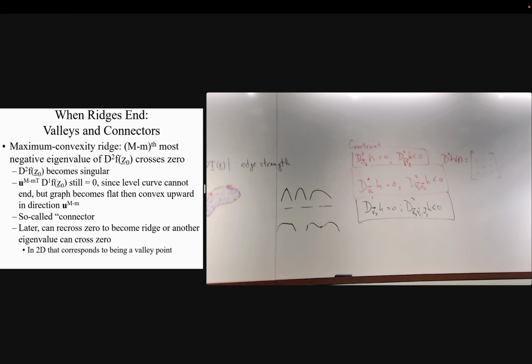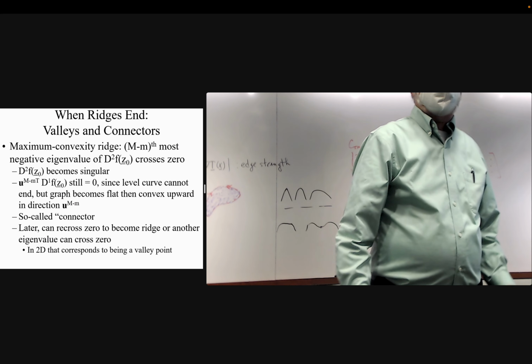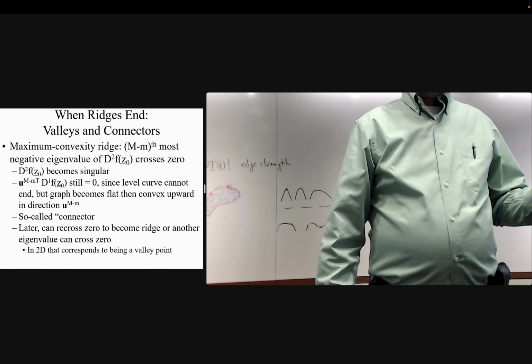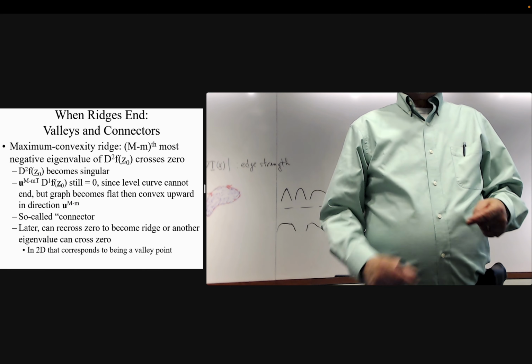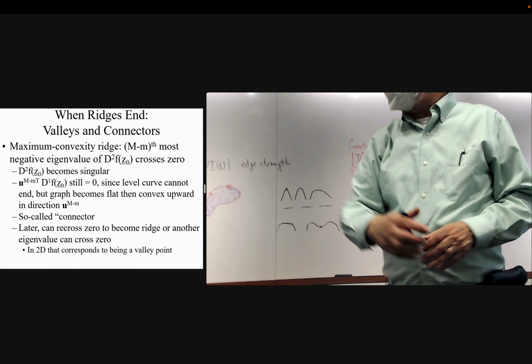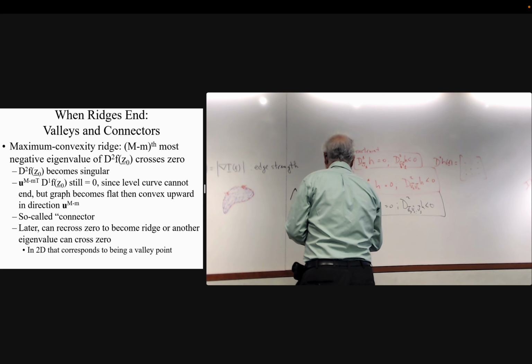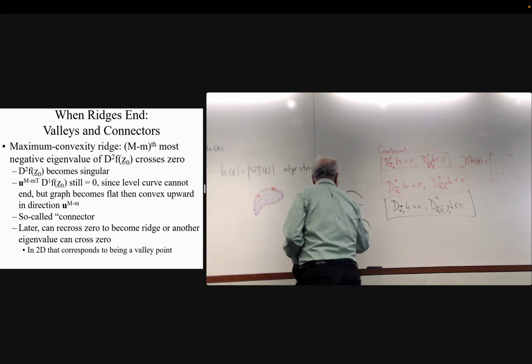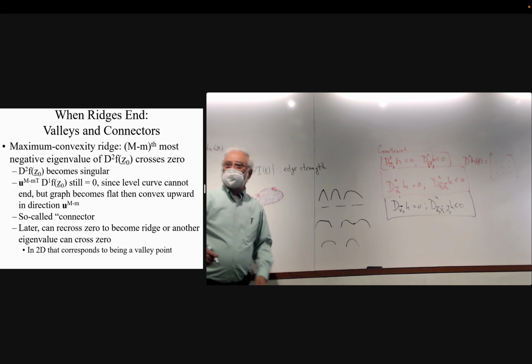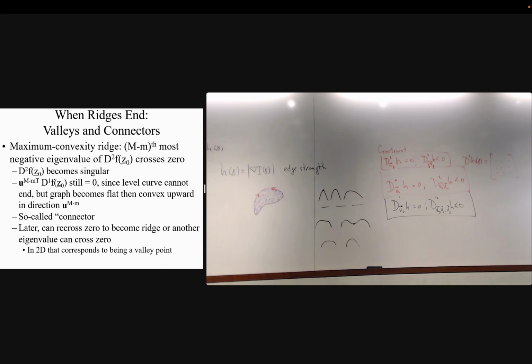And then if you walk along further, you can still walk along that curve, but you'll have one of the eigenvalues no longer negative that needed to be. And then eventually it may be that it flattens out again as you walk along the ridge and eventually becomes appropriately convex downward.